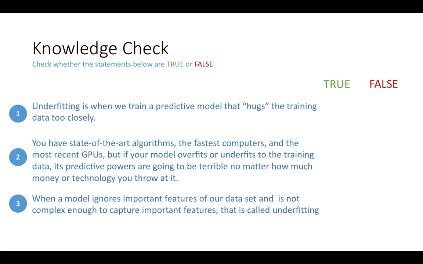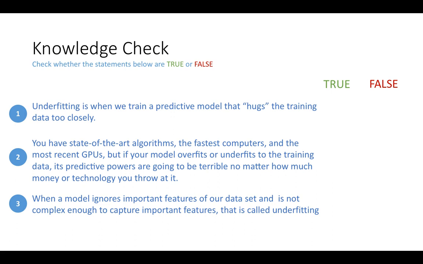Before we conclude this session, let us do a quick knowledge check. Think along with me and tell whether the statements below are true or false. The first statement: underfitting is when we train a predictive model that hugs the training data too closely. That is what happened in our Fukushima case study.